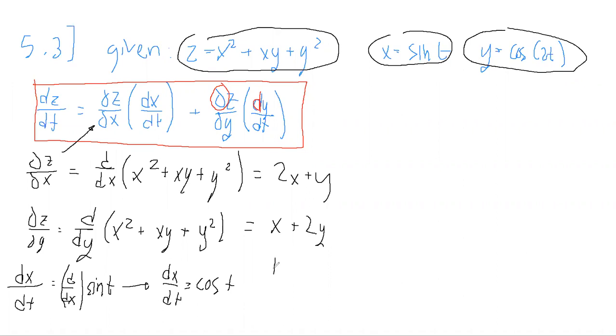And now let's look at dy/dt, or your derivative of y with respect to t. I'm sorry, this is not supposed to say the derivative of x. This is supposed to say the derivative with respect to t, d/dt.